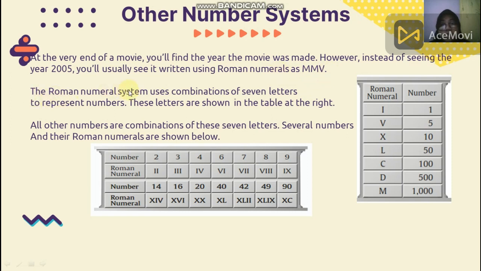The Roman number system uses a combination of 7 letters to represent numbers. These letters are shown in the table at the right, like on the screen. All other numbers are a combination of these 7 letters. Several numbers and their Roman numerals are shown below, like on the screen.